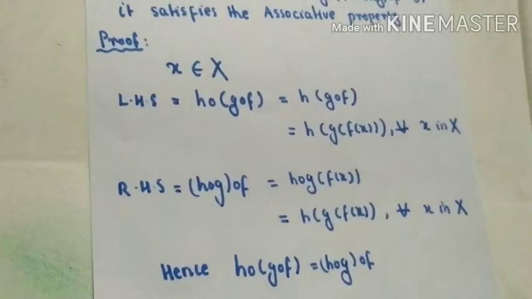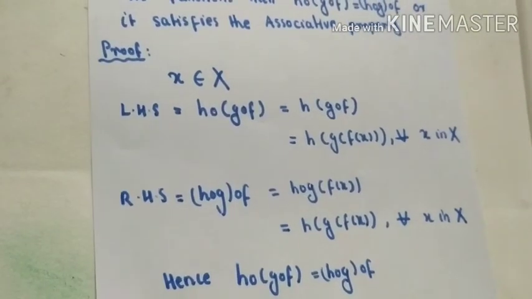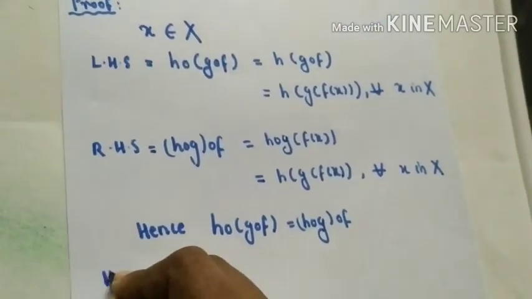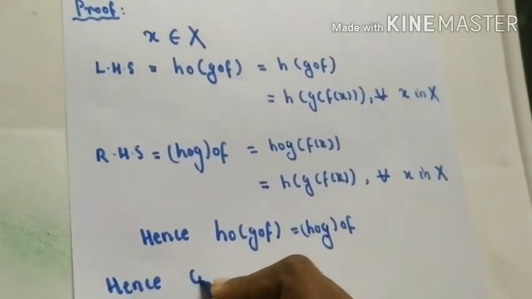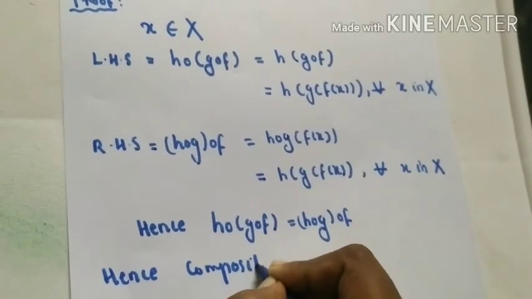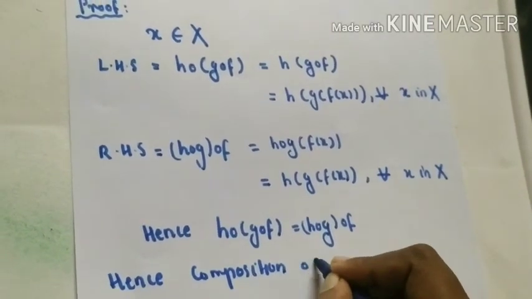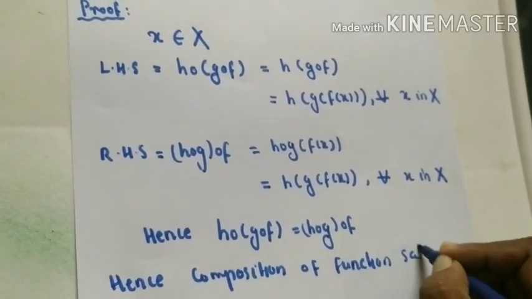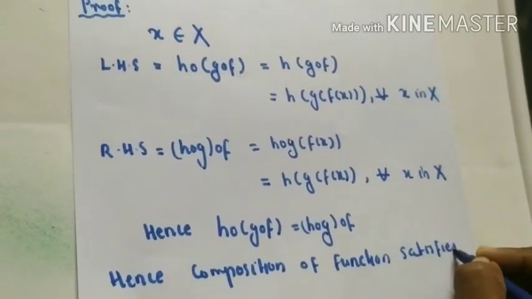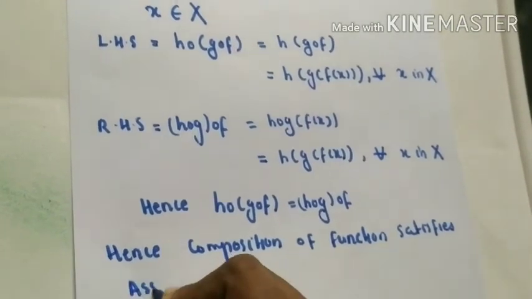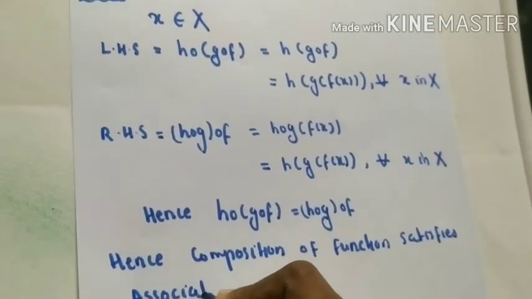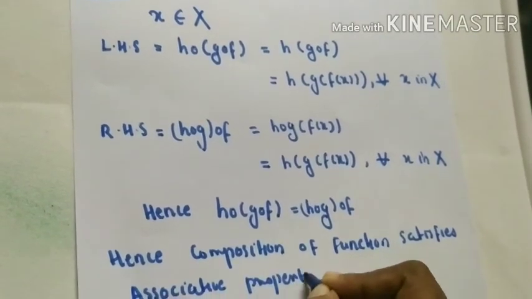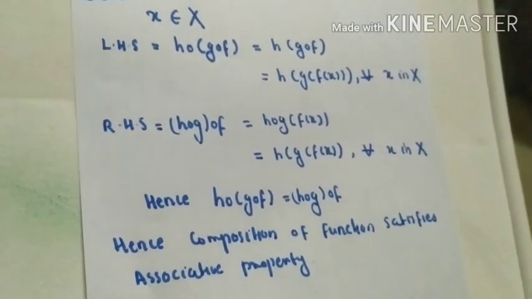Hence, the composition of functions satisfies the associative property. Okay, I hope you understood.